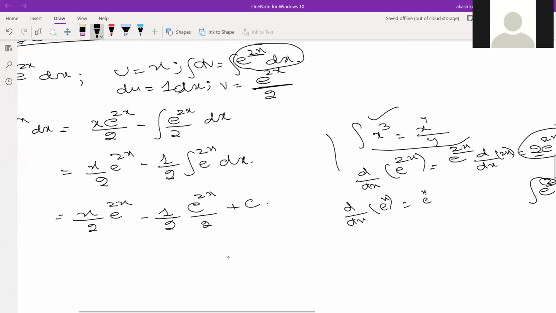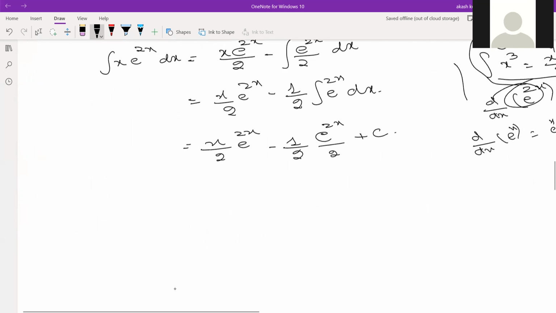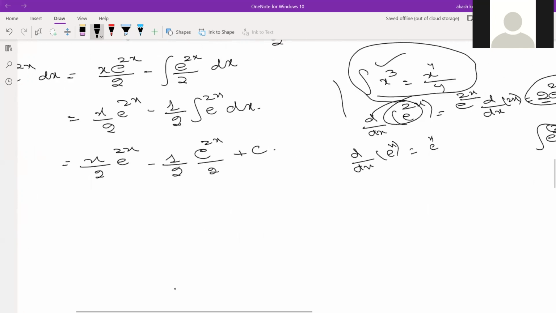That was a power rule where we add or subtract. And this is the exponential rule or the logarithmic rule. So it is x e2x divided by 2 minus 1 over 4 e2x plus c.